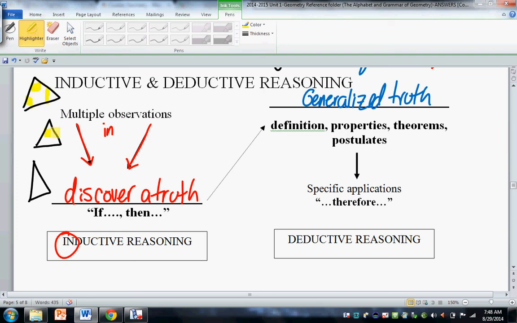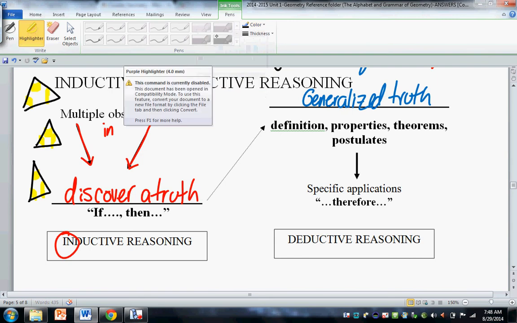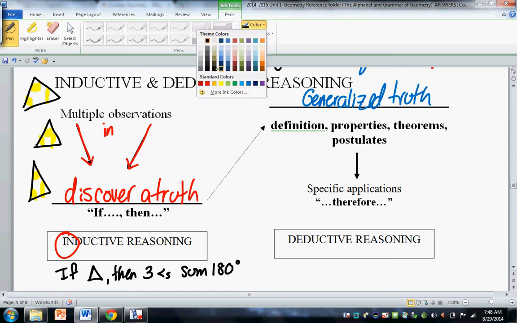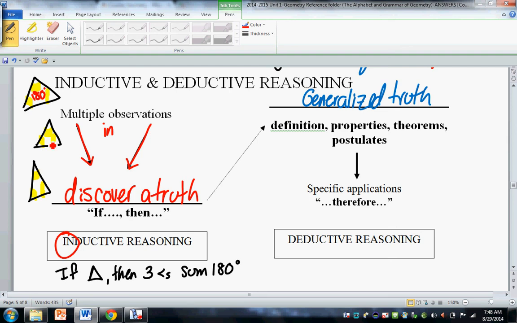After literally hundreds and hundreds of measurements of flat triangles on a flat surface, he came to the truth that if you have a triangle, then the three angles sum to 180 degrees. That was done almost 3,000 years ago. But it took the experimentation. So that's called discovering truth.